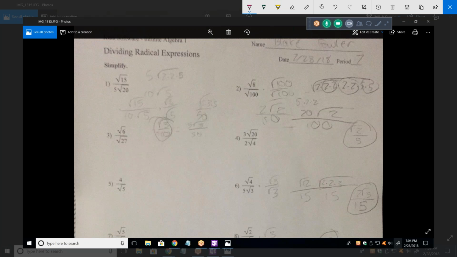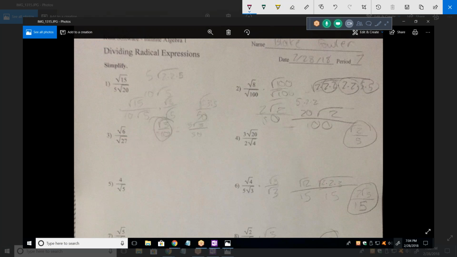In other words, I wouldn't always separate that into root 2 times root 3, but I would if I'm dividing by that which has a root 3 in it. Then separating it is perfect because the root 3's cancel out and you have your answer immediately. All right, let's look at 4.